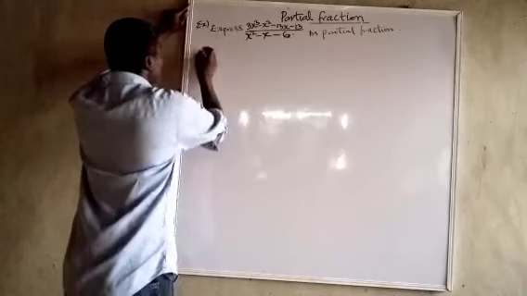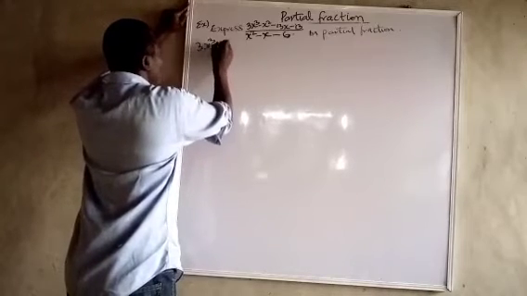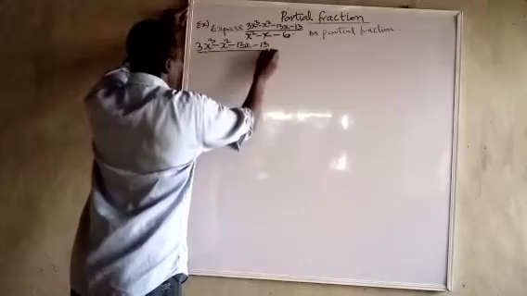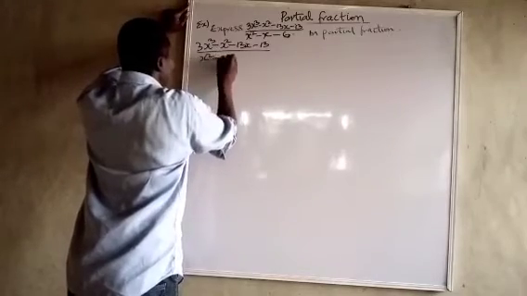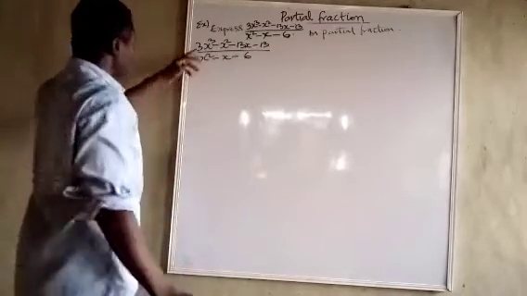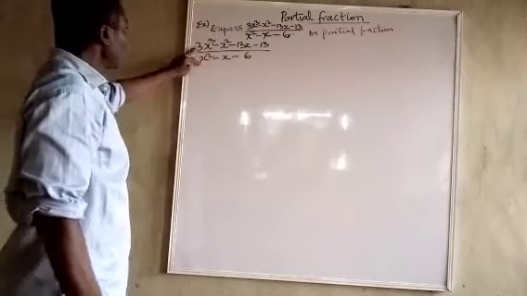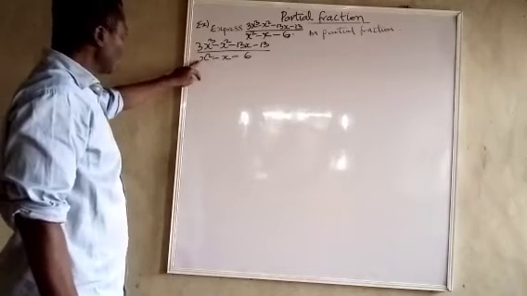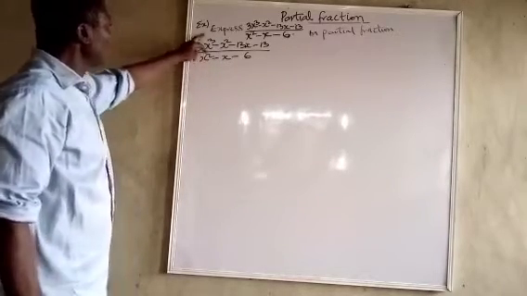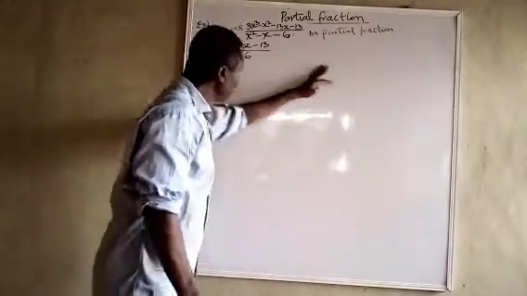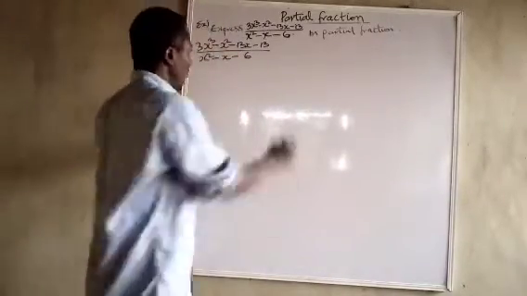So it's going to be 3x cubed minus x squared minus 13x minus 13 divided by x squared minus x minus 6. Now, the highest power here is x cubed, so I multiply by a factor of 3x. Let's multiply the denominator by 3x to make up the numerator.